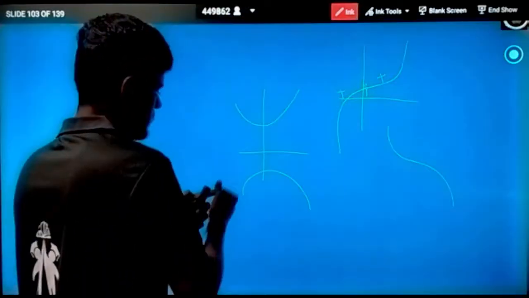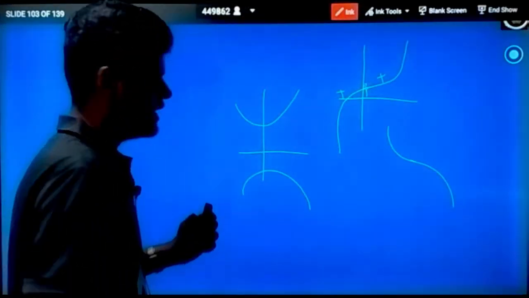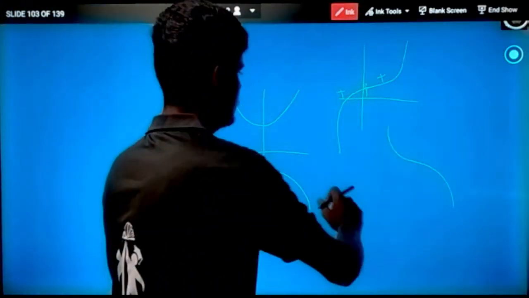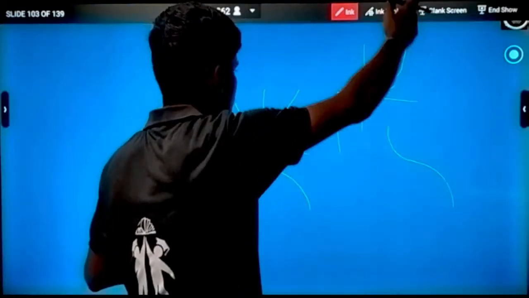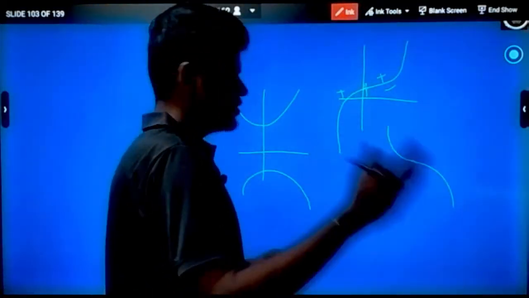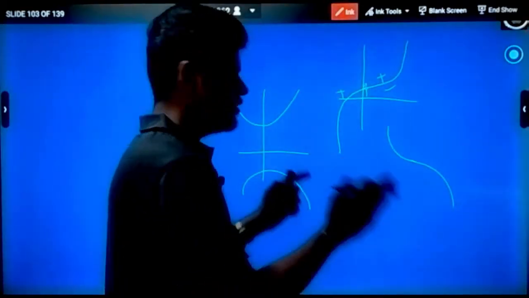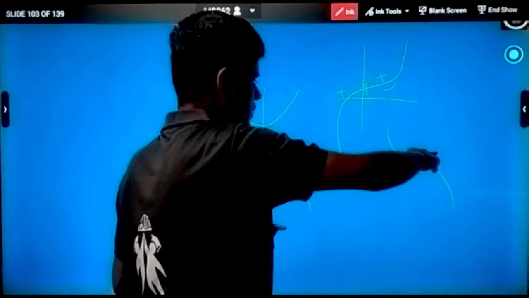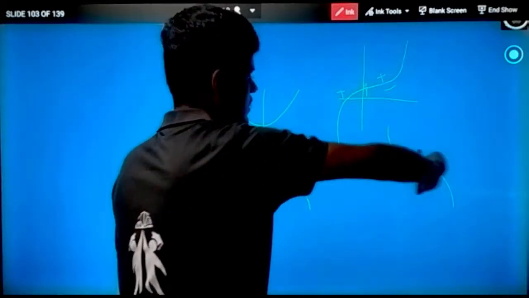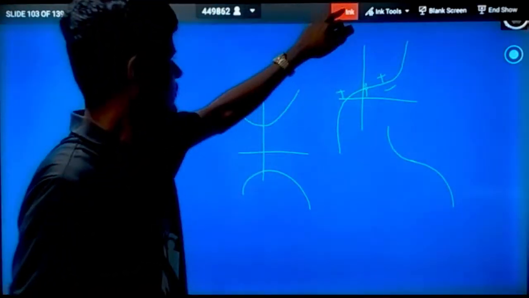Similarly for concave downward also we have two cases. By observation, this part corresponds to concave downward and this part corresponds to concave upward. So the curve changes its curvature from concave downward to concave upward.